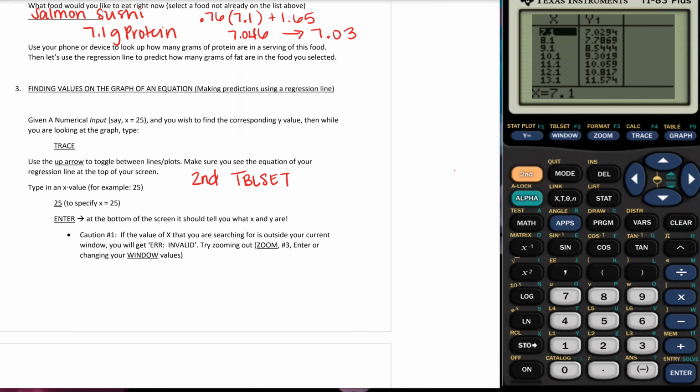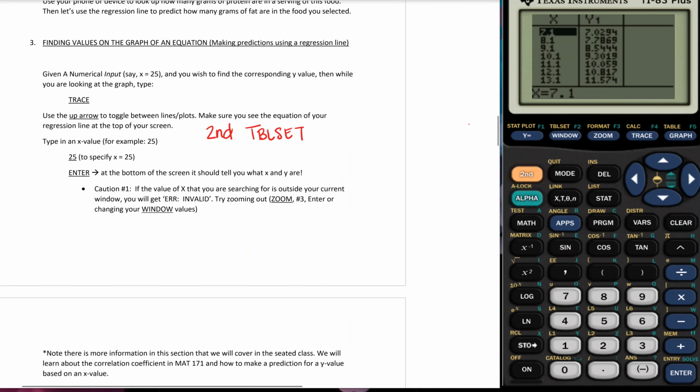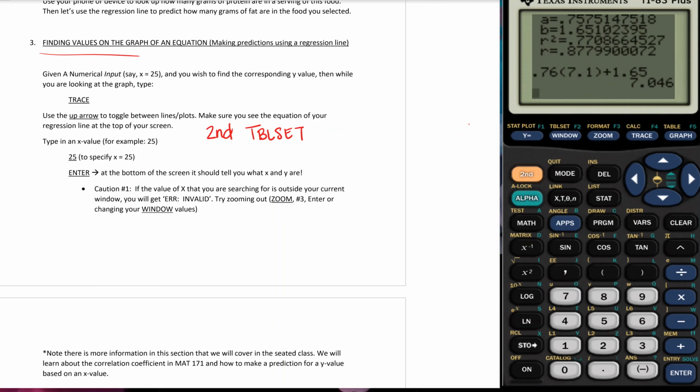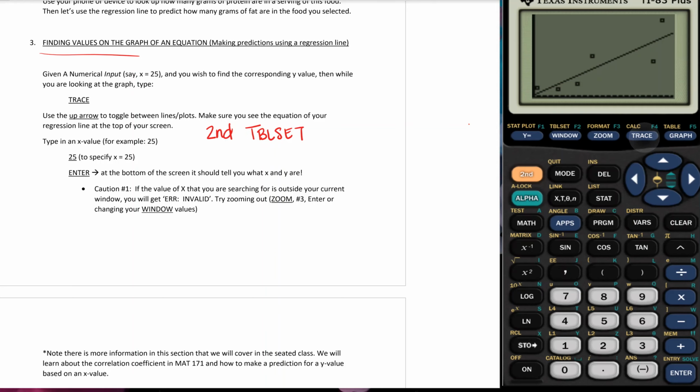Right, so again, I'm going to walk you through exactly how I found my values. So it actually wants me to look at 25. So I'm going to do that too. So instead of actually following what they want me to do, it wants me to go to my graph. It wants me to hit trace. And then it wants me to get my cursor onto the line and hit the number 25. Right? That is one way to go about doing this. There is also another way. It's second table set.